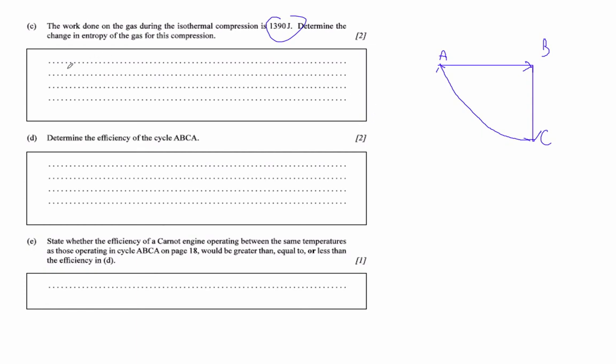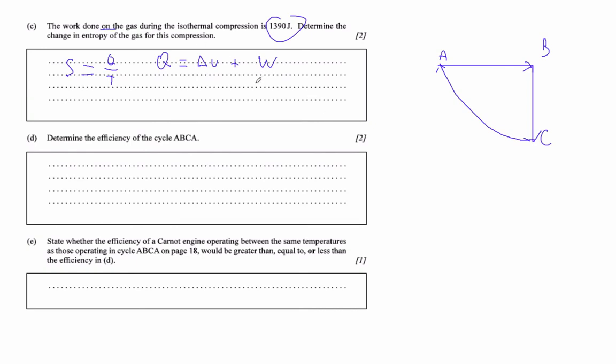Well, entropy is Q over T, right? Okay, and in this case, I think we're compressing it, so I think heat is going to flow out, right? Okay, so the Q is change in U plus work, right? Okay, but this is done on the gas, right?